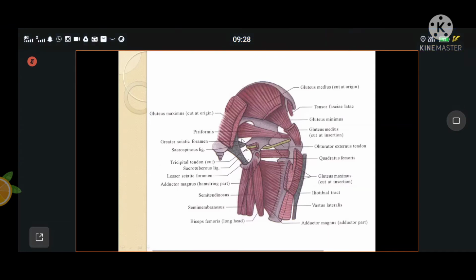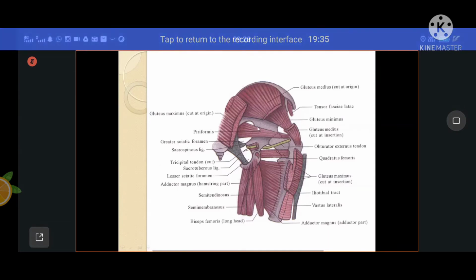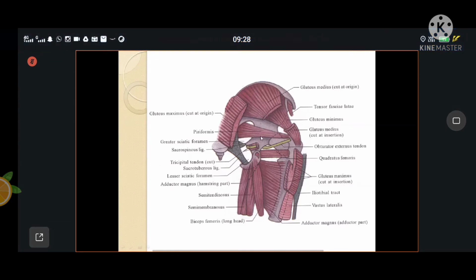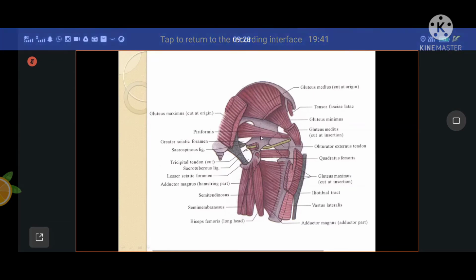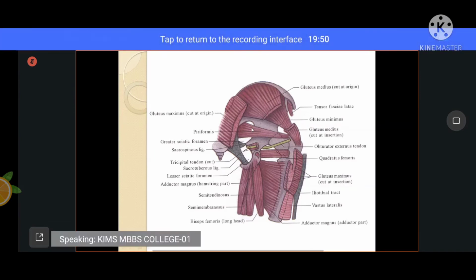Right? And what else I told you about the piriformis muscle? This piriformis muscle is the key muscle in the gluteal region. And how is it entering into the gluteal region? Through the greater sciatic foramen.